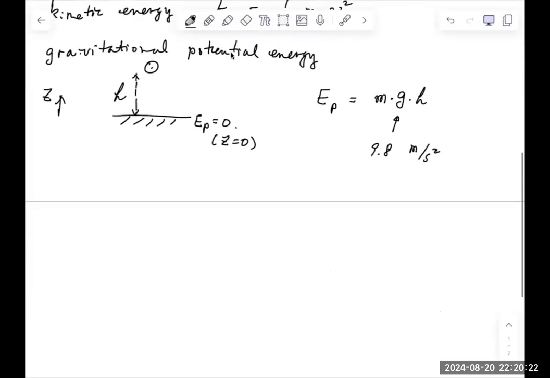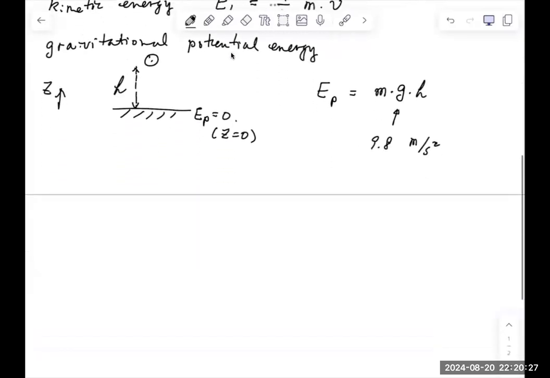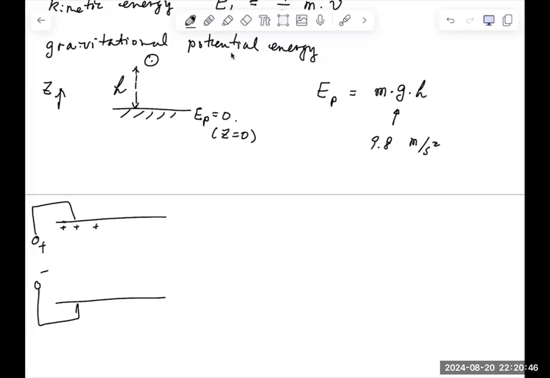And then another type of force, not mechanical force, is the electrical force. So if you have a pair of parallel plates and you apply a voltage across these two parallel plates, let's say using plus and minus, then you form basically a capacitor. This capacitor has been charged with the battery that you applied.